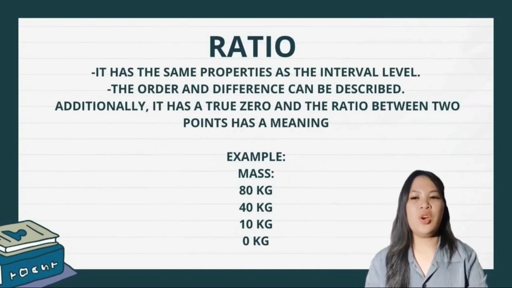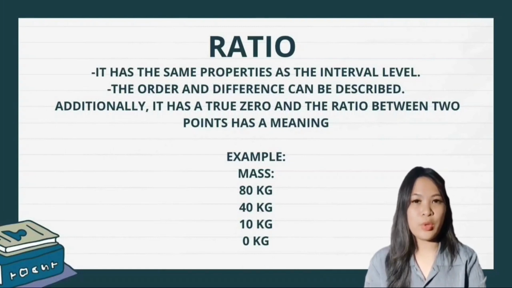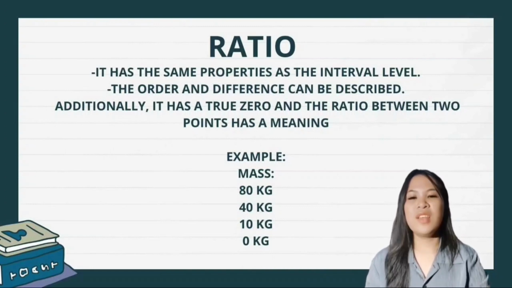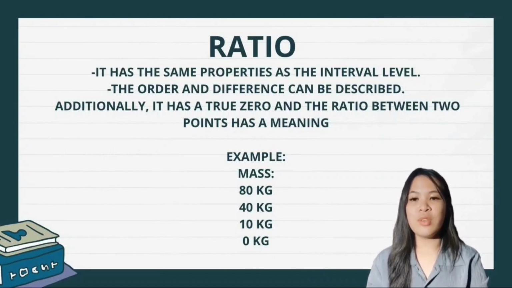Next is the ratio. It has the same properties as the interval level. The order and difference can be described. Additionally, it has a true zero and the ratio between 2 points has a meaning. Just like the interval, it has a numerical value. We can also see the difference, but it has true zero, which means that there's a starting point.